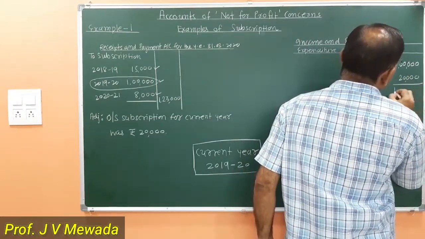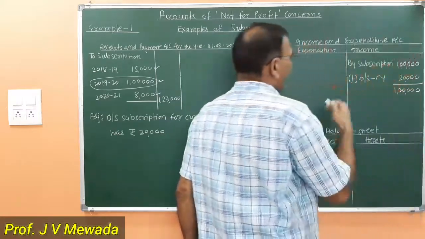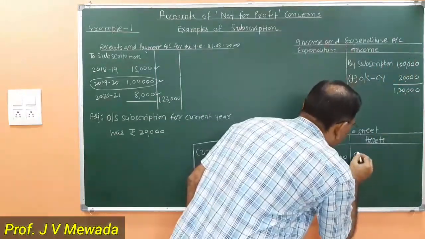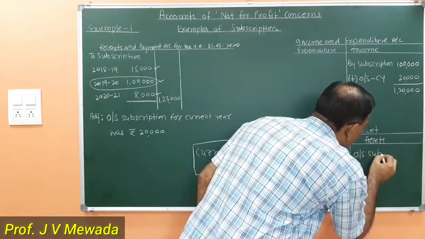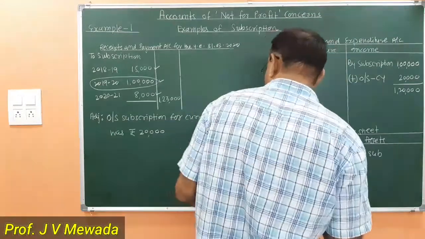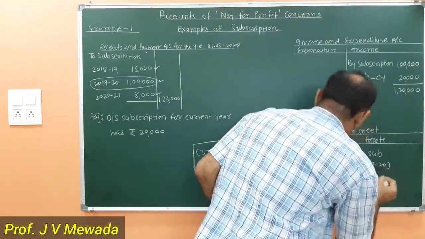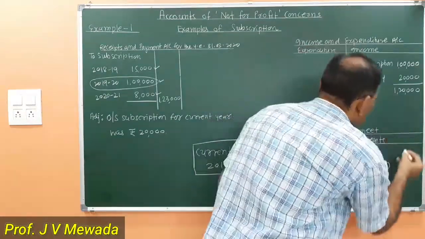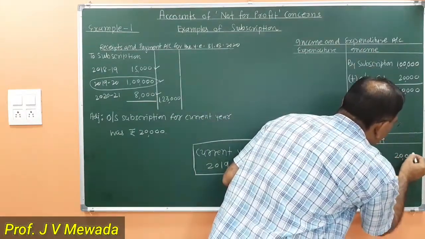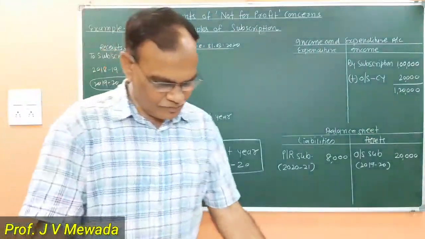So what is our total? 1,20,000 is the amount of subscription, and this 20,000 again we will write here outstanding subscription for which year? For current year, and current year is 2019-20. So the amount is 20,000. So we have completed the effects. Okay.